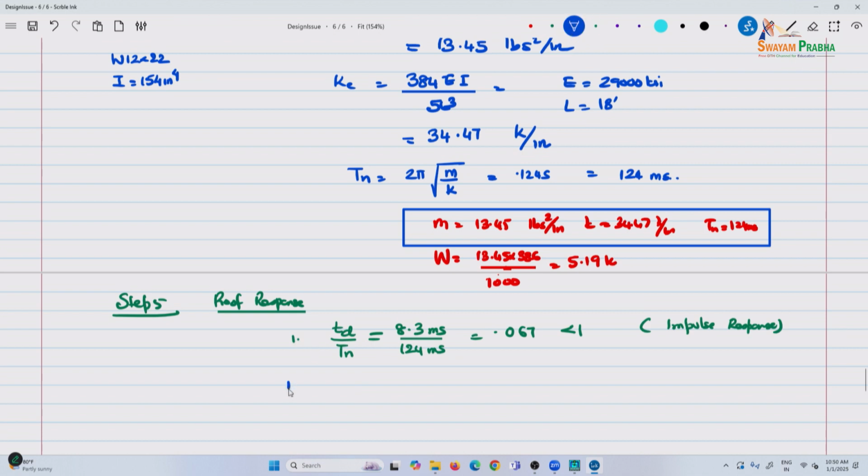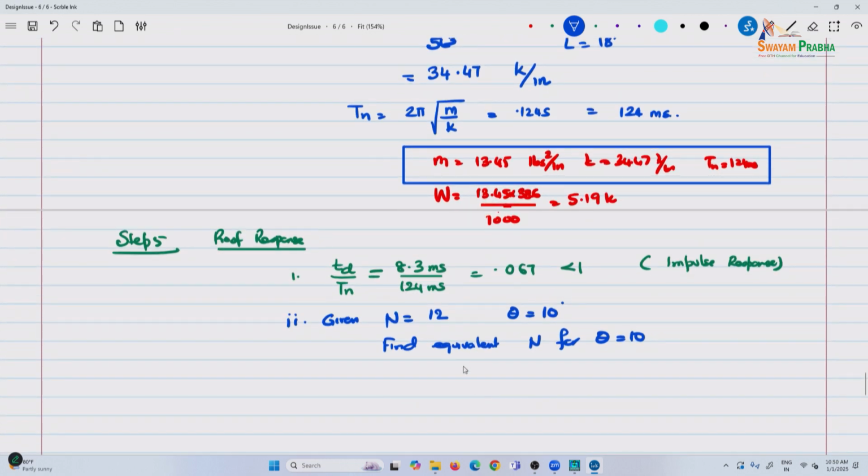The second thing is, we are given mu equal to 12 and theta equal to 10. We find the equivalent mu for theta equal to 10. This is basically x static, the equation that we've shown here, Ke L divided by 2 Rn tangent of theta max.